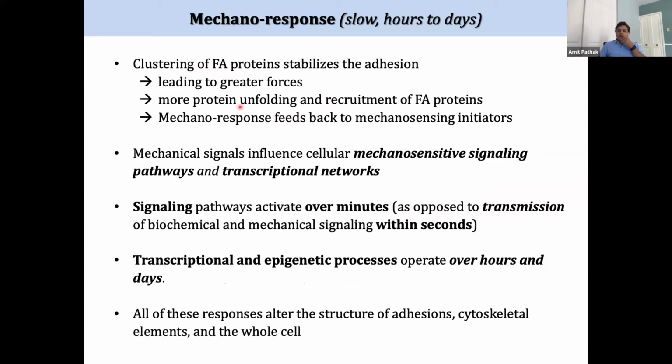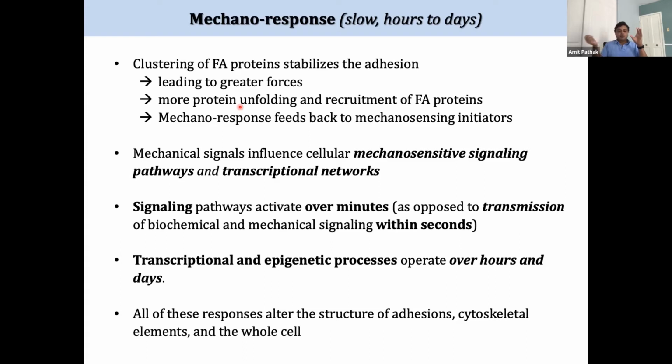And once a bond is stabilized, then it is bigger, and it can now support more forces. So initially, if the bond is, let's say, one bond, then it cannot support a lot of force. If you increase the force, it will just rupture. Now, because of the force, the bond grew in size. Now it's some unit of 20. Now it can support more force.